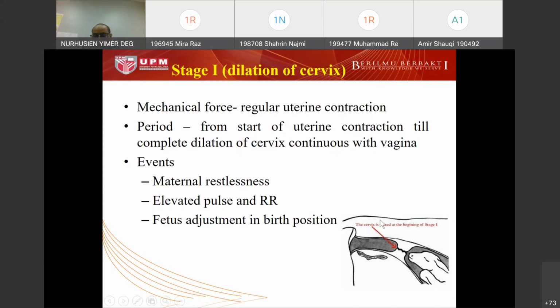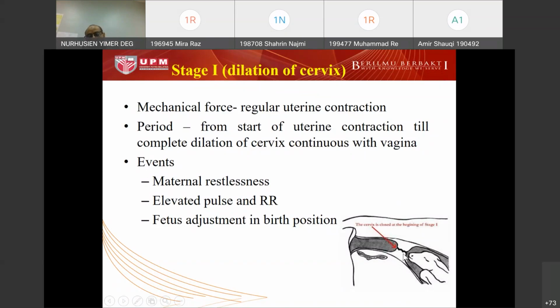So how do we know the cervix is completely dilated? It's very important to understand that the wall of the vagina has to be in direct continuation with the wall of the cervix when it is completely dilated. What you see here is during pregnancy, where the cervix is tightly closed, appearing like a whitish structure.